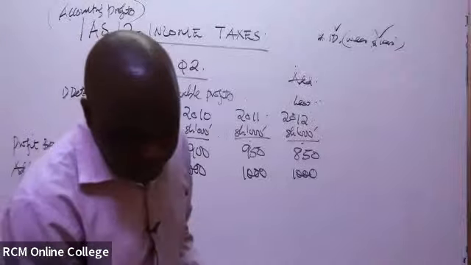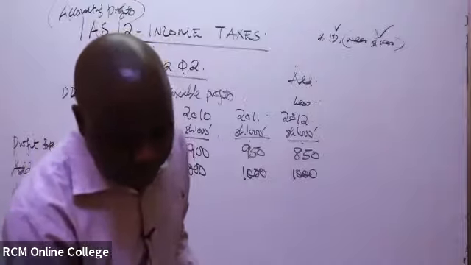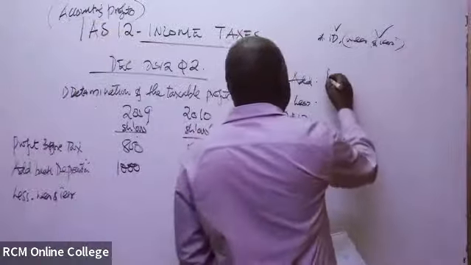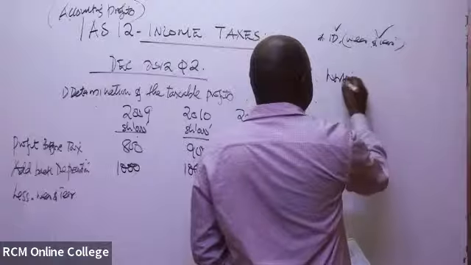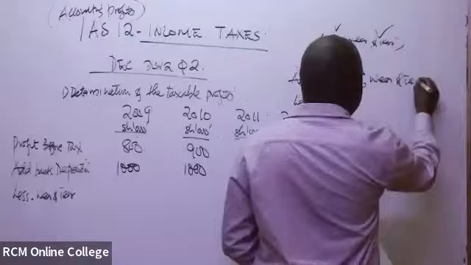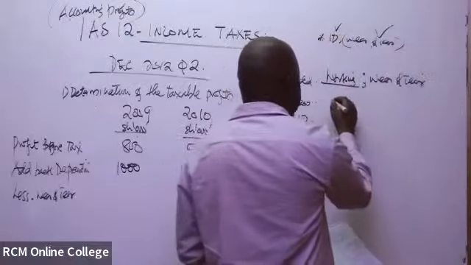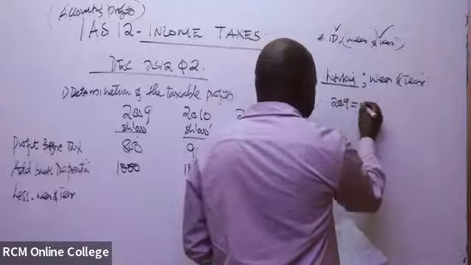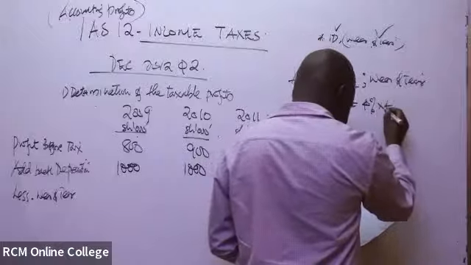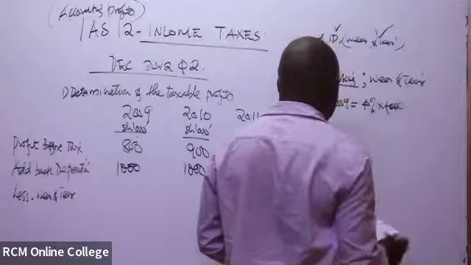We've been told the allowable wear and tear charges in our table. So we can have a working for wear and tear. For the year 2009, it will be 40% of the cost of the asset.